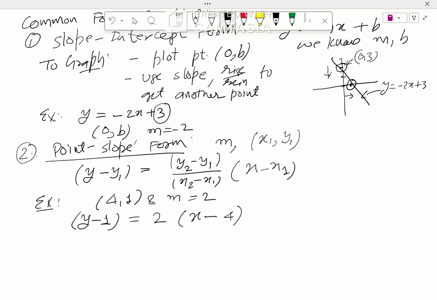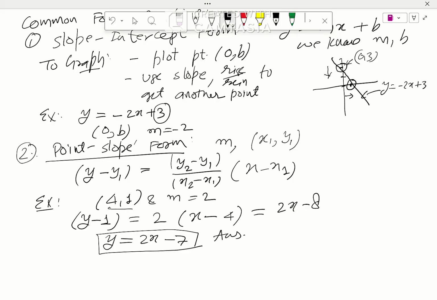On the right hand side, you use the distributive property and distribute the 2 into the two terms. So it will be 2x minus 8. You take the 1 to the other side. So you will have y is equal to 2x minus 7. So this is your answer to the question of finding the equation of a line which passes through this point and which has a slope of 2.